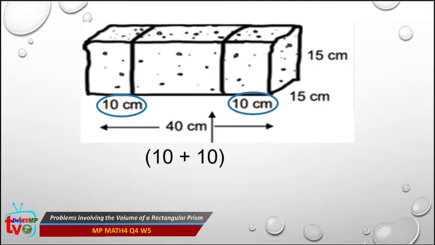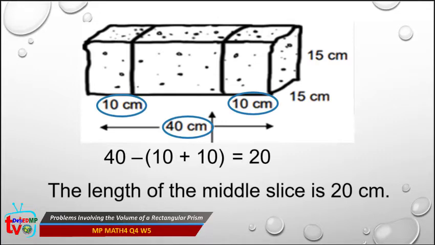Then, subtract the sum from the total length of the loaf, which is 40 centimeters. 10 plus 10 is 20. Subtracted from 40 is 20 centimeters. The length of the middle slice is 20 centimeters.